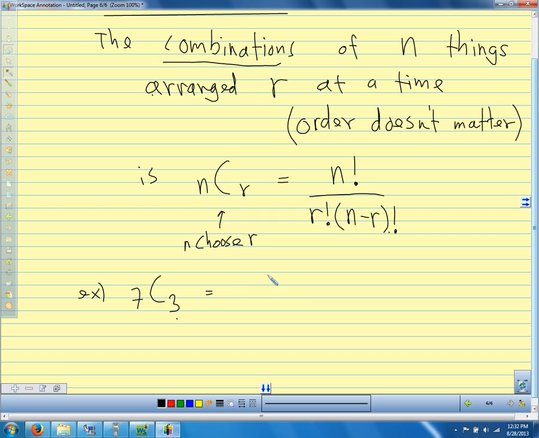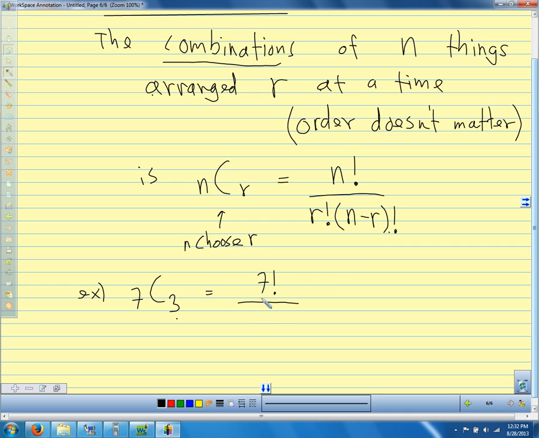So we'll plug into our formula, and if I remember correctly from last year, I think what Ms. Voss and I did was we either had these formulas written on the quiz or the test, or we wrote them on the board, so you don't have to memorize all of this.